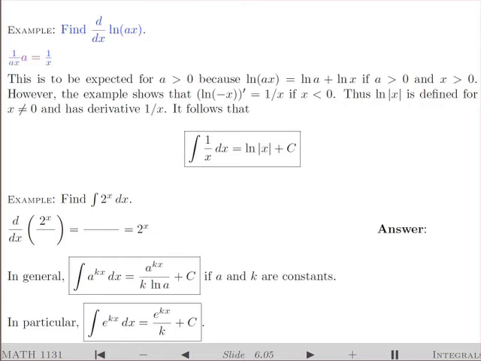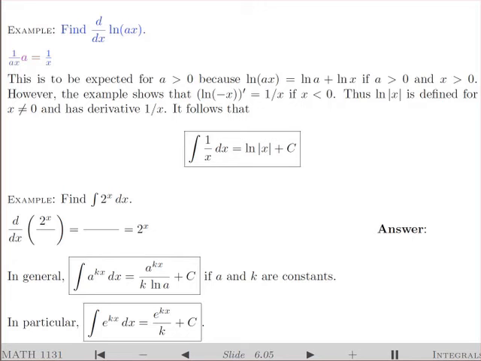So if you take two functions whose domain is the same interval and whose derivatives are equal, then they differ by a constant. But if you have two functions like ln of x and ln of negative x, whose domains are completely separate, domain of ln of x consists of all positive numbers, domain of ln of negative x consists of all negative numbers, then that's no longer true.